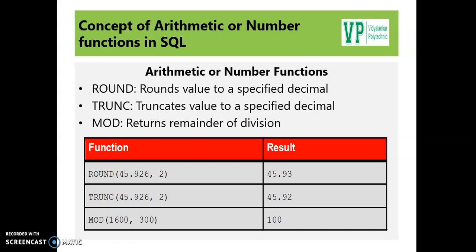Whereas for the mod function, the first input is 1600 and the second input is 300. It gives us 100, because this is the remainder of the division of 1600 by 300.